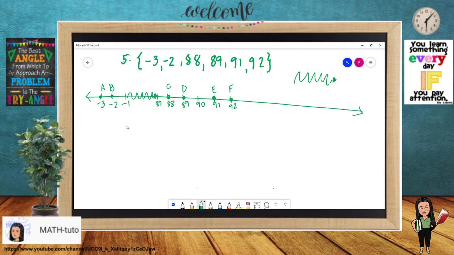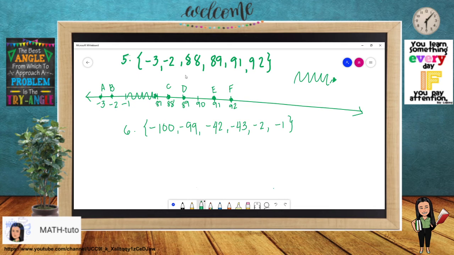Okay? Next, number 6. This will be our last example. Negative 100, negative 99, negative 42, negative 43, negative 2, and negative 1. Is it possible not to write 0? Kung yun ang naisip ninyo, pwede naman, because in number 5, we did not really write 0.